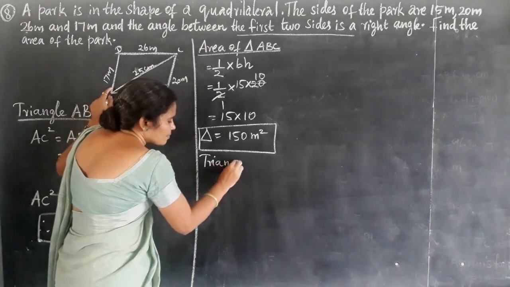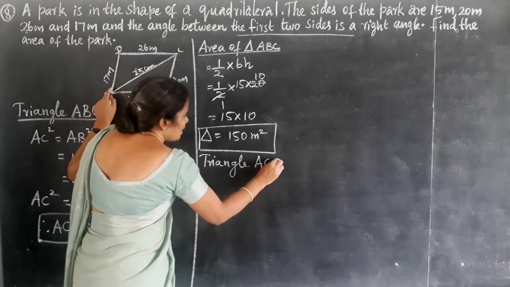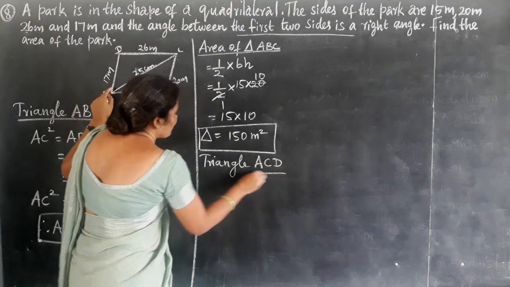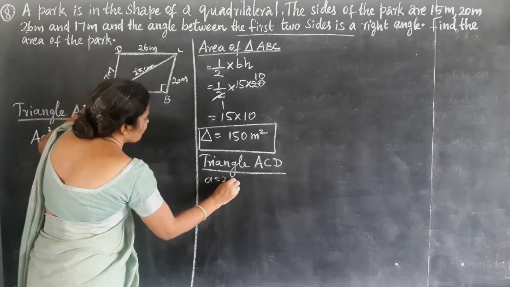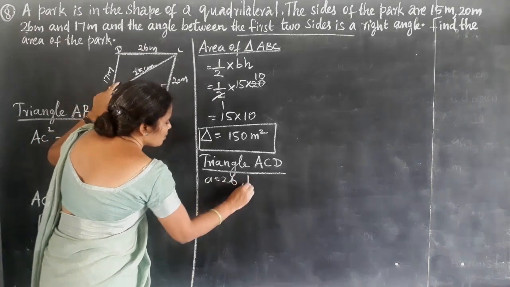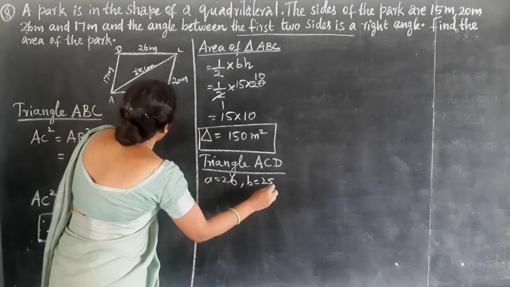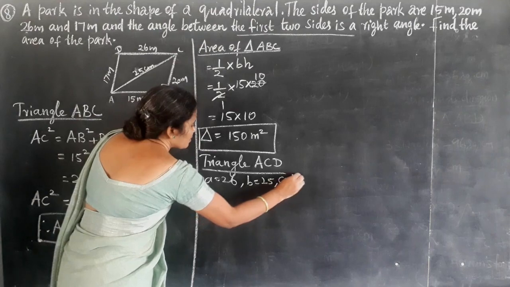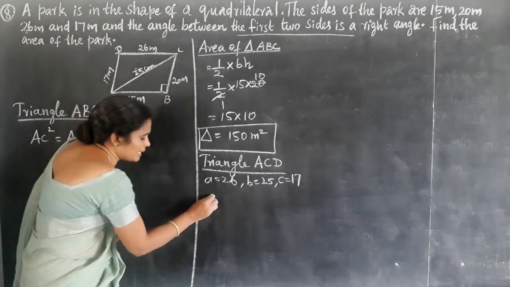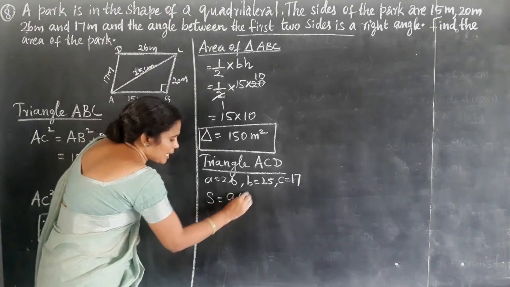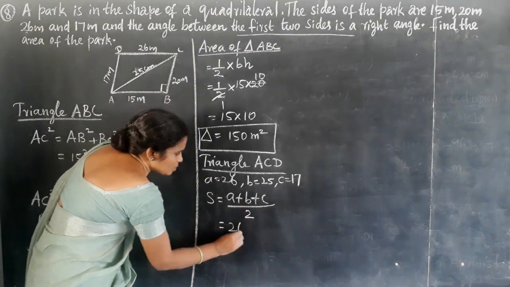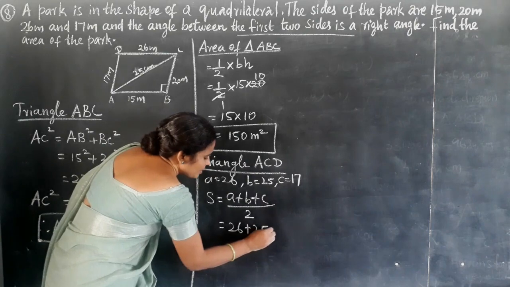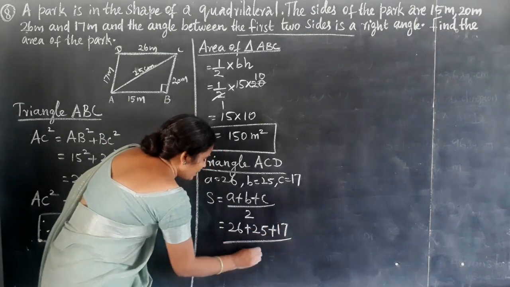Triangle ACD: a is equal to 26, b is equal to 25 and c is equal to 17. Now to find s, s is equal to a plus b plus c divided by 2. So a 26 plus b 25 plus 17 divided by 2.